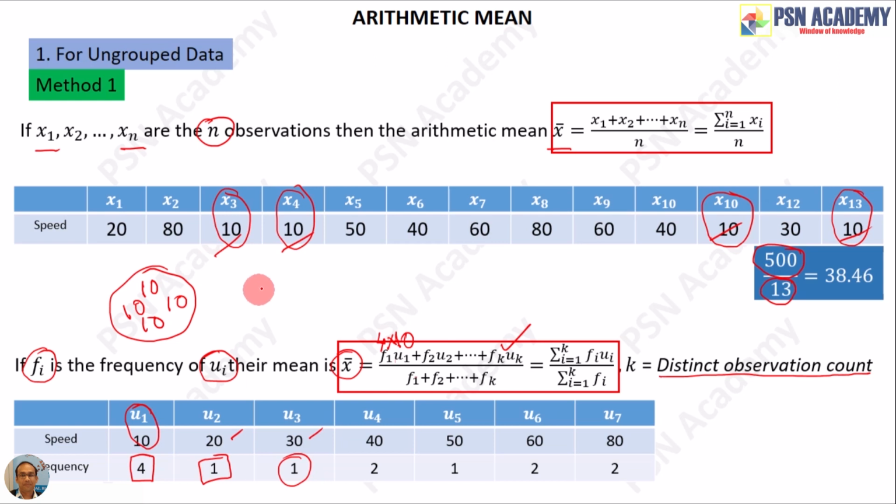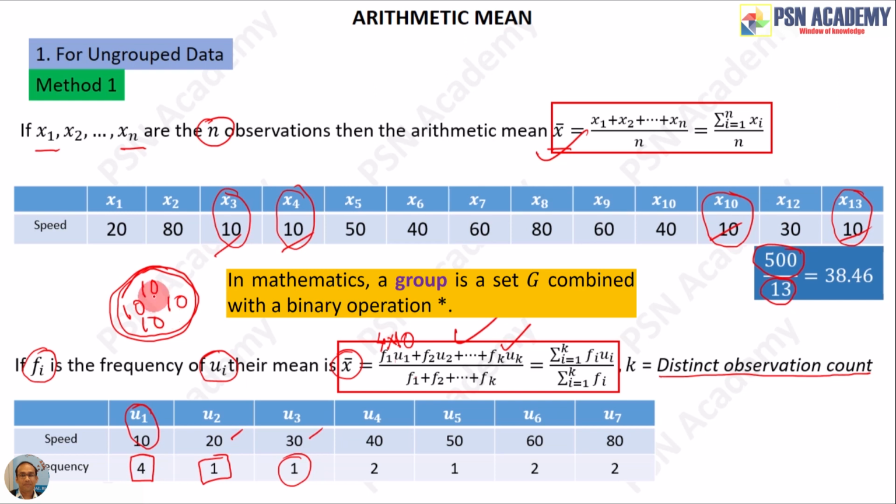So whether you go using frequency or without frequency, the same calculation is performed here as well as here. One more thing: you should not confuse this clustering of the 10s with a group. It is not a group actually, because the same items are here and those items have been brought into one location to count them. So this is not grouping.